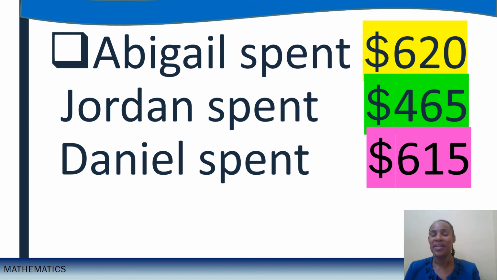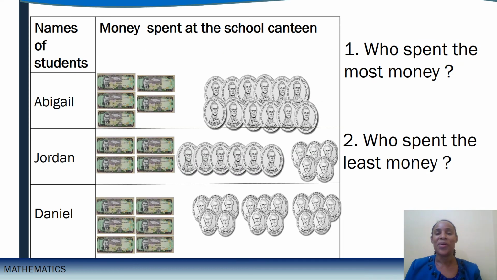Boys and girls, with this, I think you are now ready to answer the question. Do you remember the questions? Not to worry, boys and girls. Here is a table to remind you of the questions. The first question is, who spent the most money? I know you're ready with your answer.